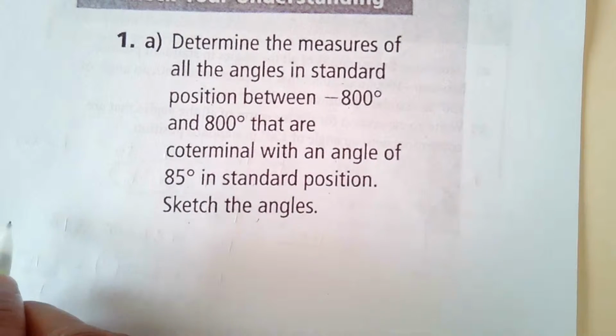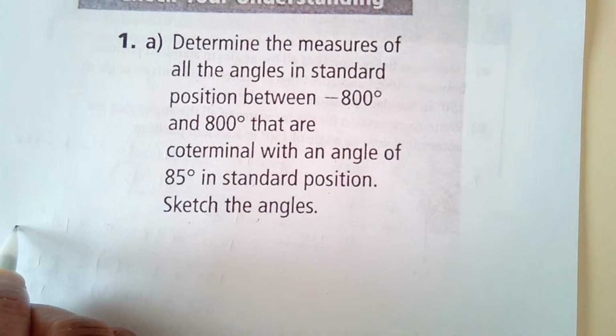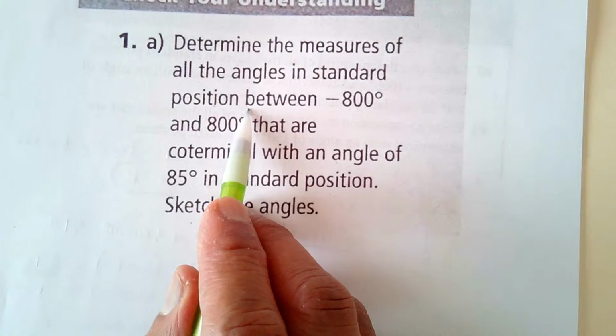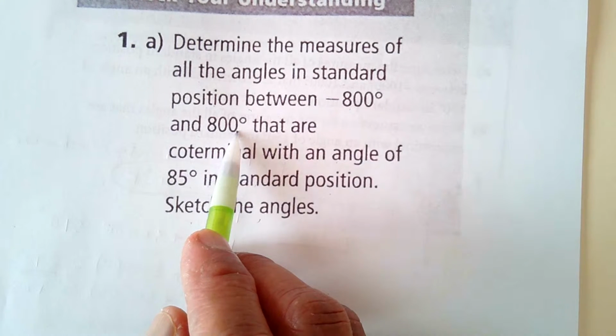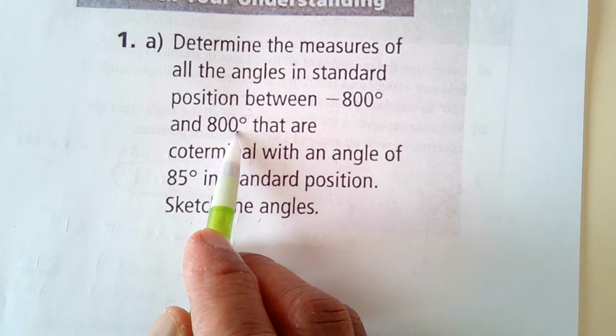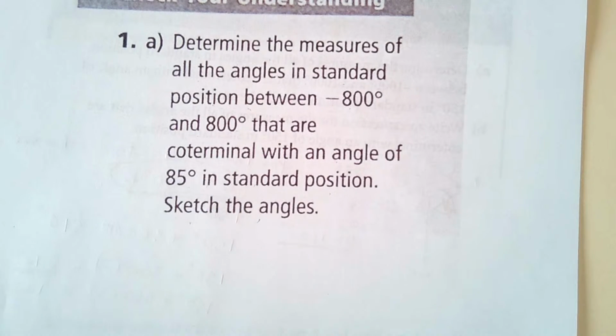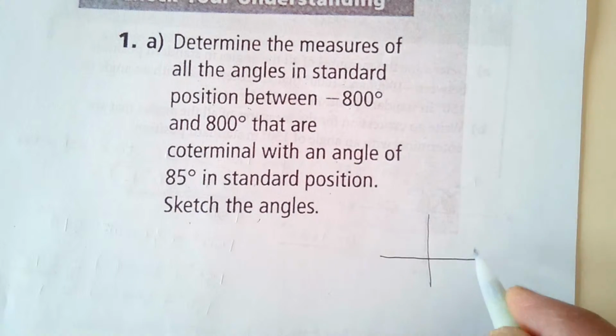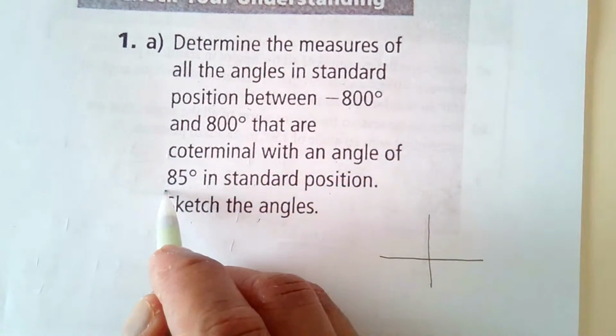So let's look at this one here. We look at between 0 and 800, right? The measures that are coterminal are such. Let's do a sketch here. The positive 85 degrees.